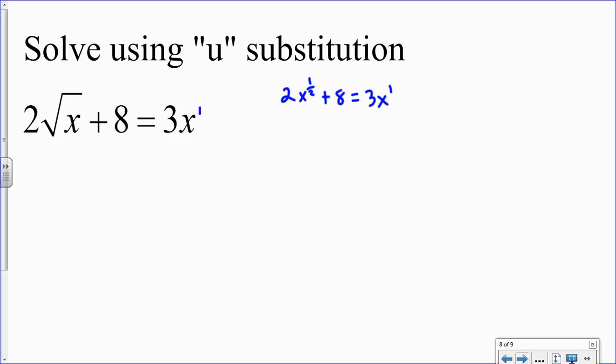And we always like our leading coefficient to be positive. So I'm going to subtract the 2 square root of x and the 8. I'm going to subtract that to the right side.